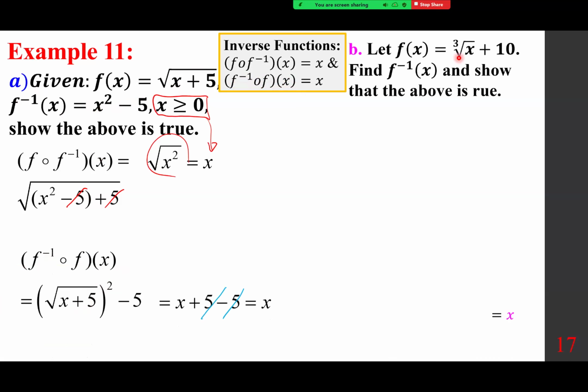Now let f of x be cube root of x plus 10. We want to find f inverse and show that the above is true. So number 1, we're going to call this y to make it easy to work with.